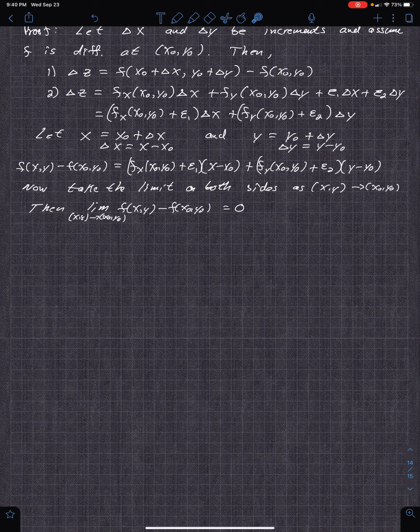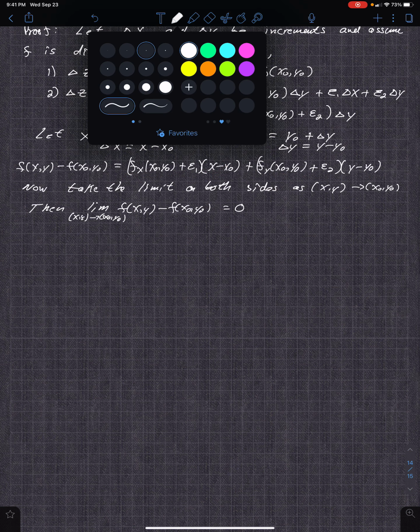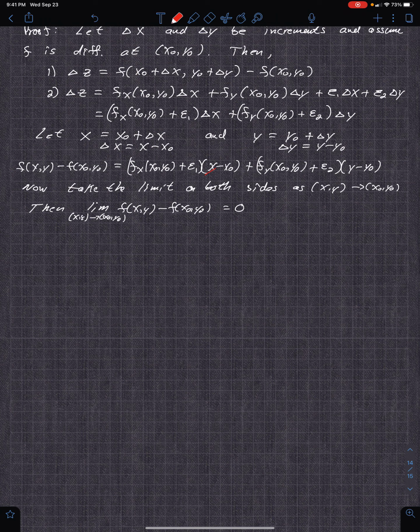Again, you're taking a limit, which means these are approaching each other, so those both go to 0. I like to actually write that in there. So these are both going to 0 when you take that limit.